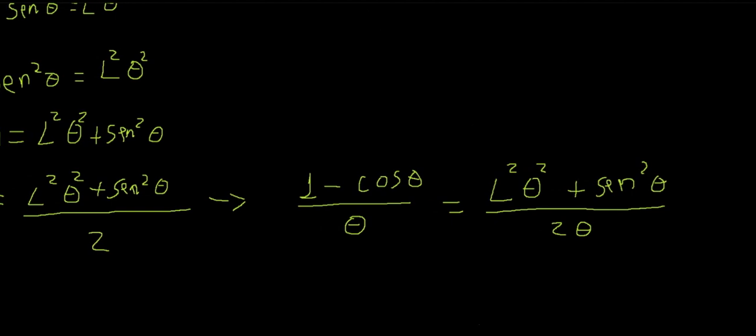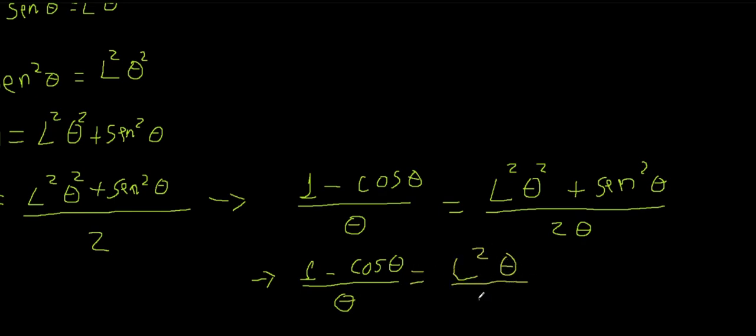So 1 less cosine theta divided by theta is the same as theta squared divided by 2 sine theta, and divided by theta multiplied by sine theta.